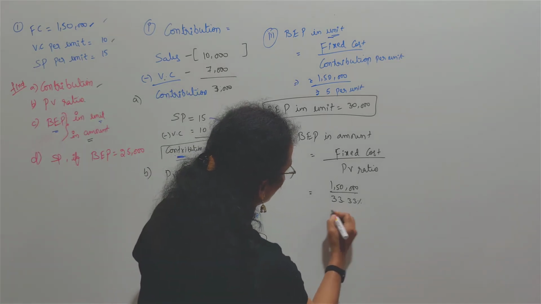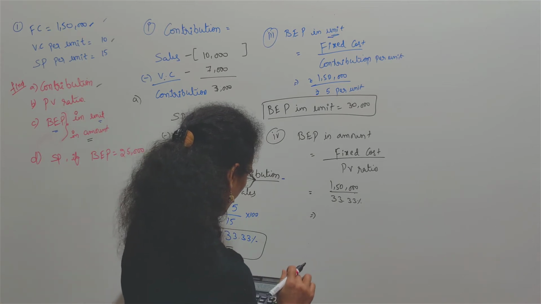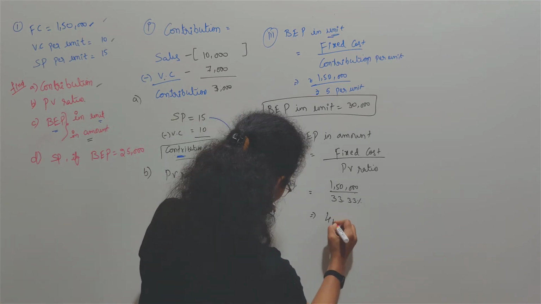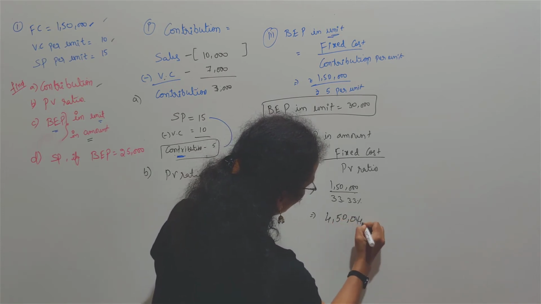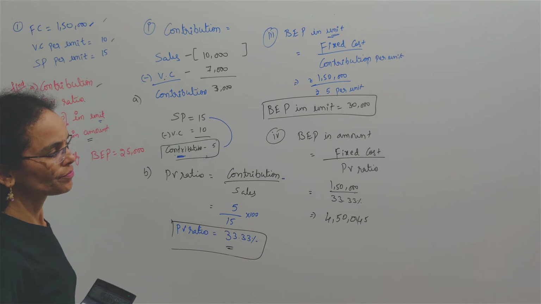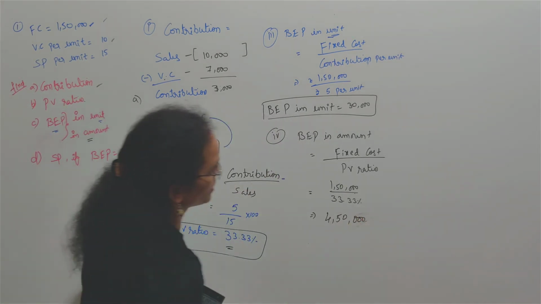That gives 4,50,045 rupees, which as a round figure you can say is 4,50,000 rupees.